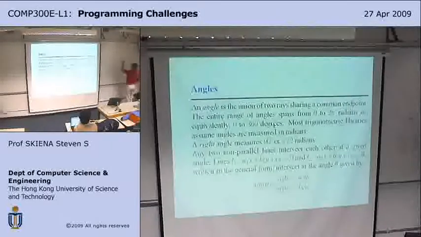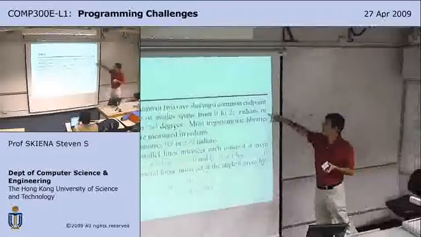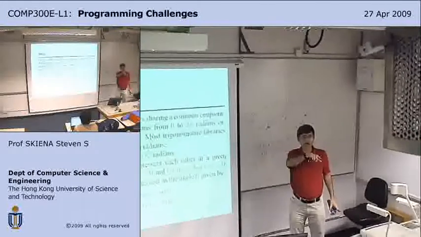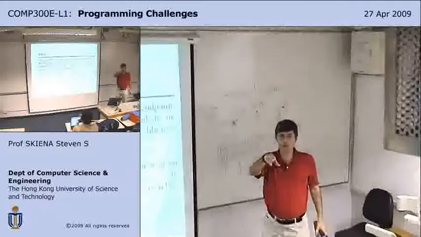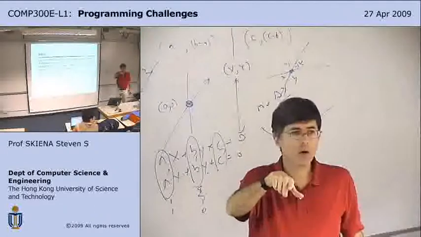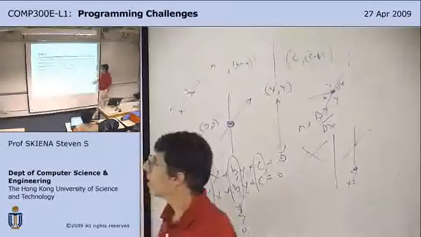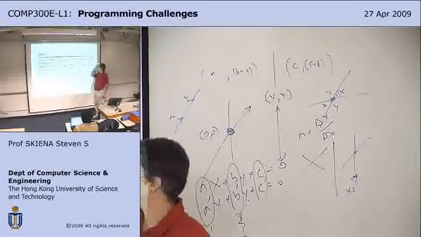When we measure angles, angles are defined either in radians or degrees. Who here thinks more about angles in terms of radians? Who here thinks about angles more in degrees? Degrees go from 0 to 360. Radians go from 0 to 2 pi.